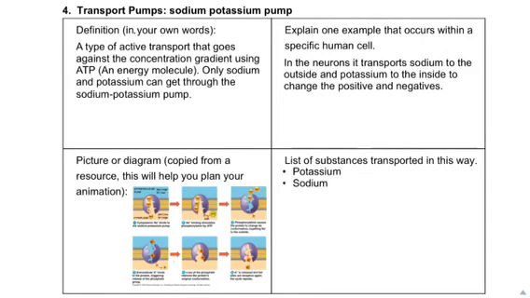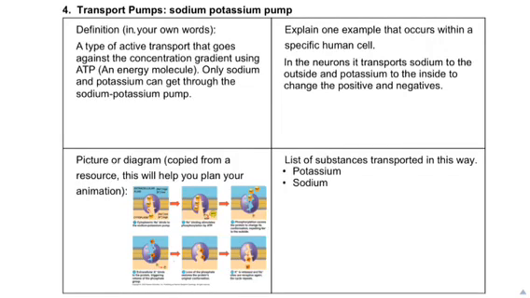An example that occurs within a specific human cell is, in the neurons, it transports sodium to the outside and potassium to the inside to change the positive and negatives. A list of substances transported in this way are potassium and sodium.